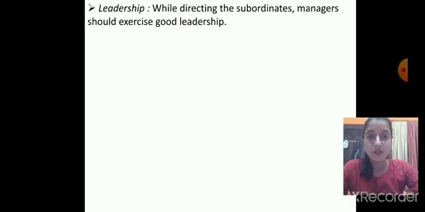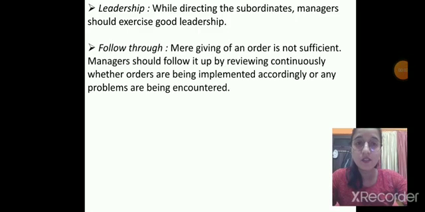Next principle is leadership. While directing the subordinates, the manager should exercise good leadership, as it can influence the subordinates positively without causing any dissatisfaction among them. The last principle is follow through. So giving an order is not sufficient; the manager should follow it up by reviewing continuously whether the orders are being implemented accordingly or any problems are being encountered.